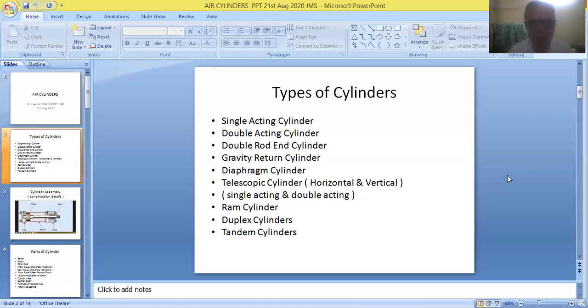We have discussed the construction and working of single acting and double acting cylinders. They are used in normal situations. And as I've already told you, all other items are generally used in special situations. So friends, whatever may be the case, these are the various types of cylinders available in the market.